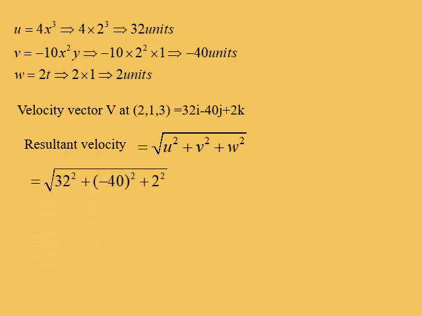Here u is 32, v is minus 40 and w is 2. So substituting, the square root of 32 square plus minus 40 square plus 2 square. Simplifying this, we get the resultant velocity equal to 51.26 units.